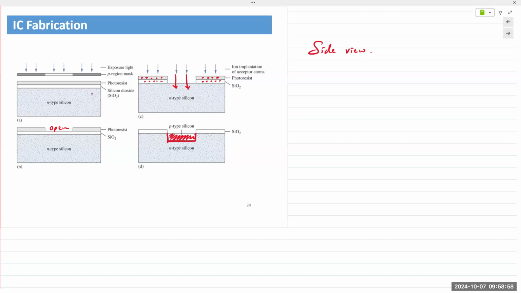When we look at our device in chapters 3 and 4, those will simply be a representation of P and N junctions coming together. So you'll see not even a side view, not even a top view. You'll simply use it as a theoretical concept. But in real life, it's not just 2 junctions coming together separately. It's basically one type of material is already present, and you're implanting a second type of material from the top, and only in certain areas. And that's how we create those PN junctions.